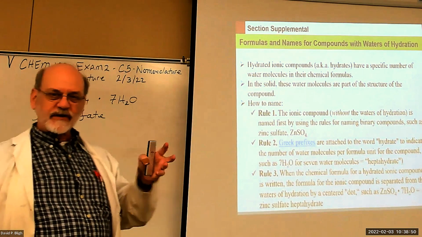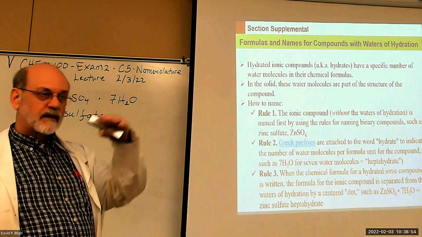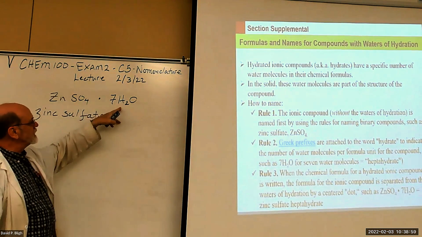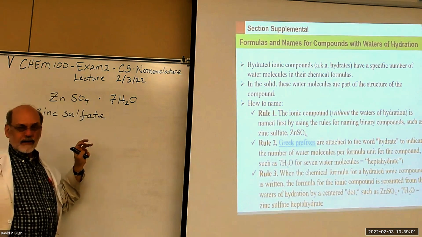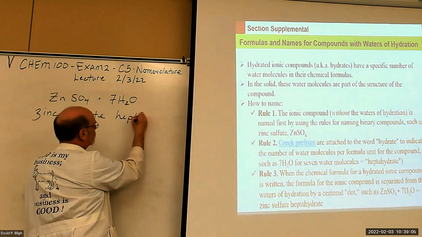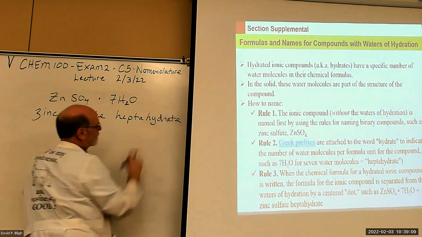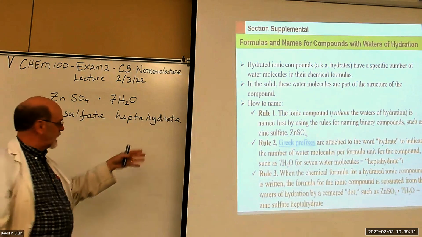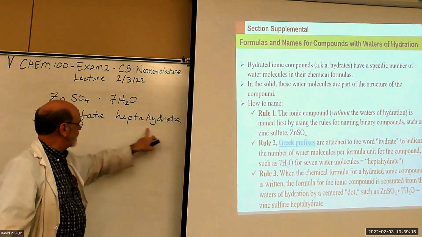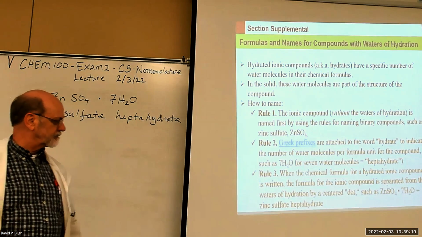In chemistry, that dot in the middle of the line means attached to. These are attached to that. And we write that zinc sulfate heptahydrate. Hydrate refers to the water, and hepta refers to 7 of them. So that's the way you would write this compound. Zinc sulfate heptahydrate.